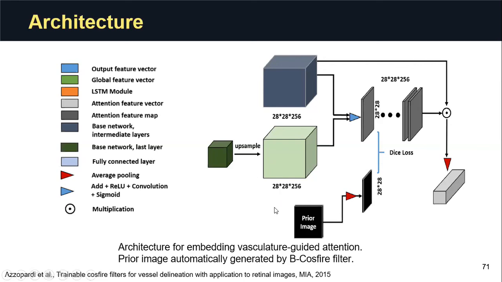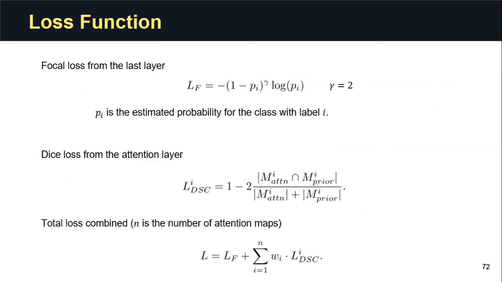The prior image here is automatically generated by a B-COSFIRE filter, which is a common tool used for segmentation of blood vessels in retinal images.